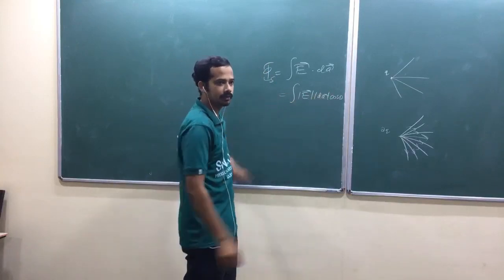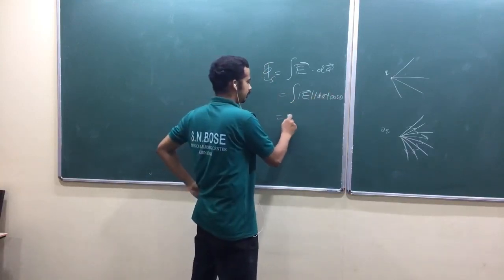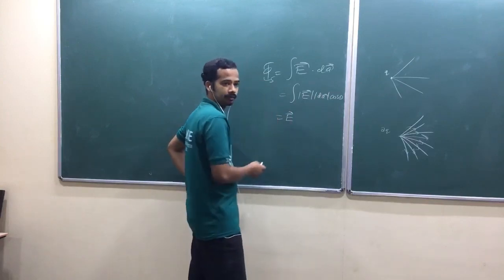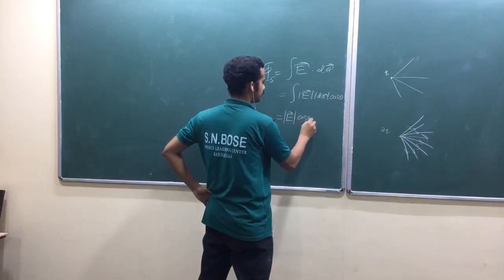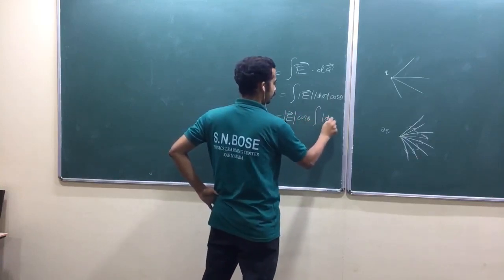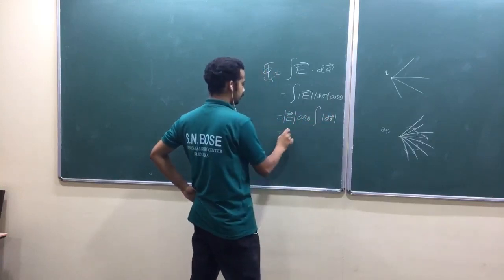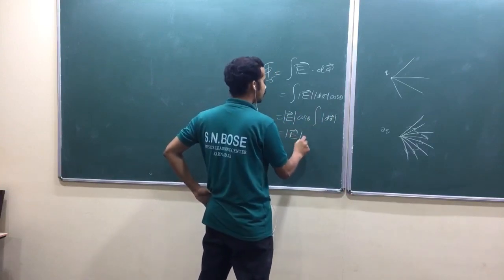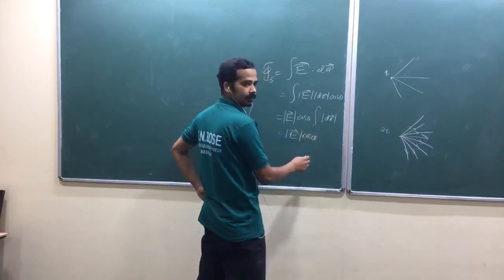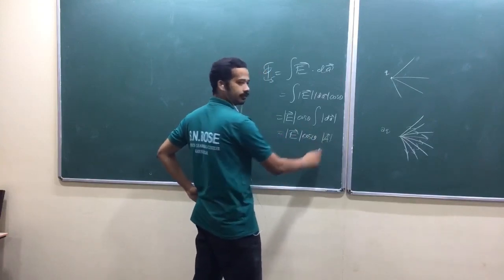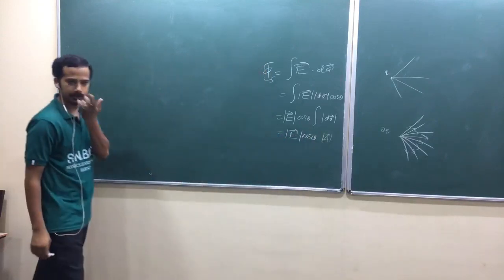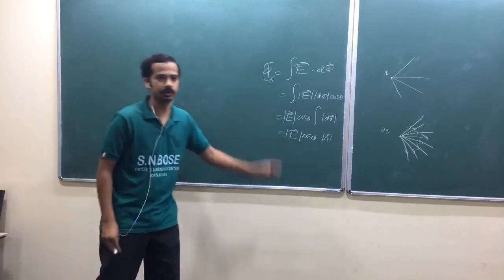You can take both of them outside, isn't it? Suppose my first example, I can take the electric field as well as cos theta outside. Integral of the dA vector, what is this one? That's the total area, isn't it? That's your earlier formula. Is that okay? So that's how it works for a special case.